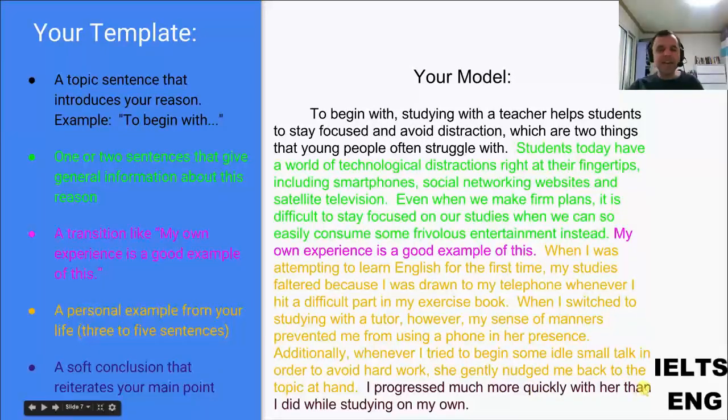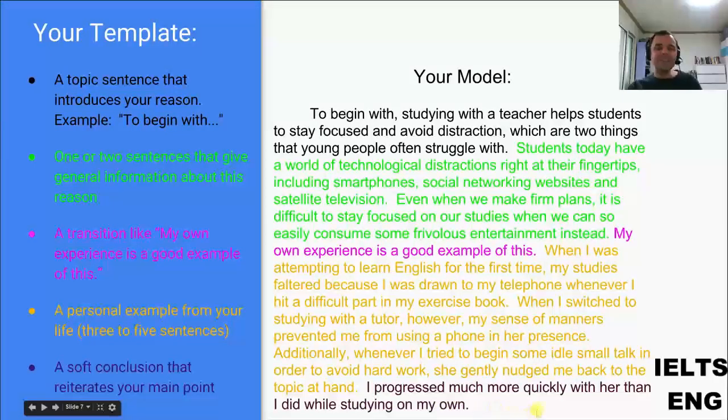Those are fine, and that is exactly what I teach my low-level students, but again, since you guys are trying to get high scores, I want you to be a little more subtle. Don't say, this example demonstrates that students learn much more quickly with teachers than on their own. No, no, no. I progressed much more quickly with her than I did while studying on my own.